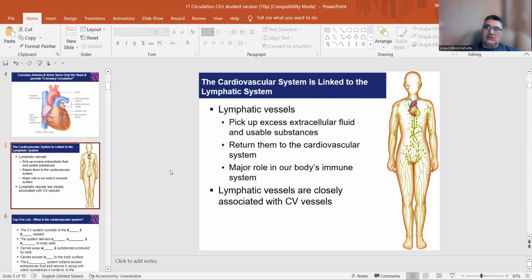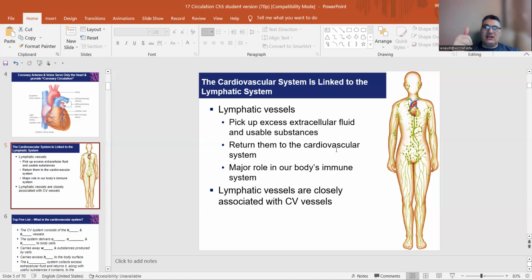is more than the amount that will return back. What do you mean? I mean, some fluid will stay in between the cells. Is it going to stay just like that? No. We will take it back through the lymphatic system, and everything is happening for a reason in physiology. What is it? Because this part that doesn't go back through the regular circulation system that we just talked about will be forced to go to another route, which is the lymphatic system, for a reason.